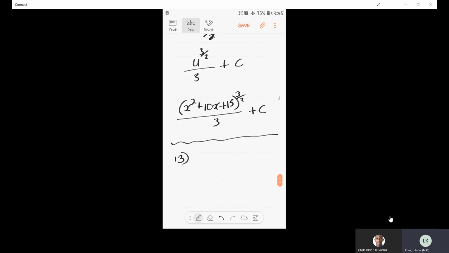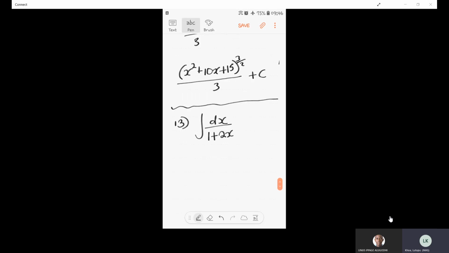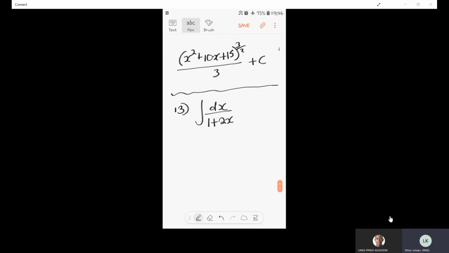Then number 13, the integral of dx over 1 plus 2x. Now to integrate this one, you can also use a substitution.